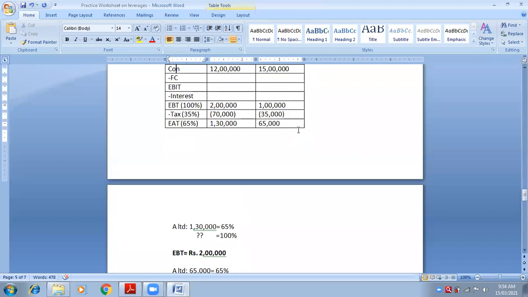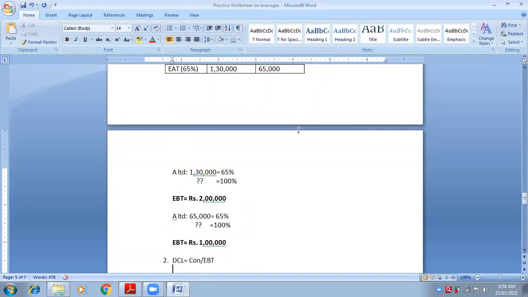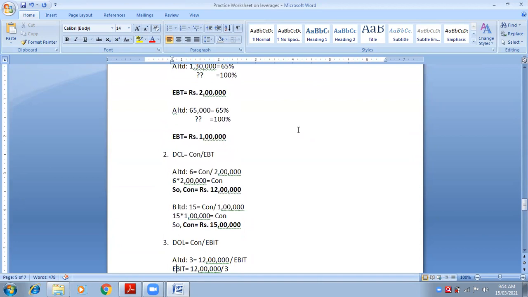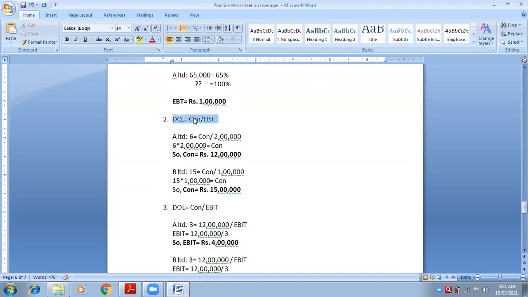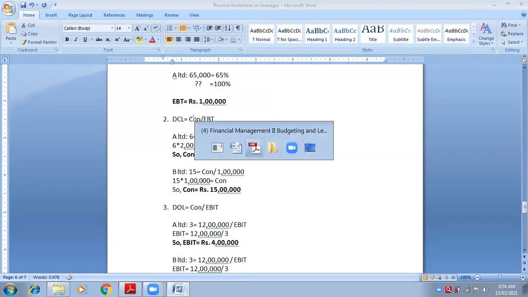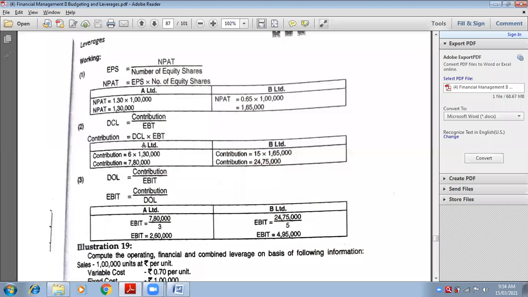The DCL formula is contribution upon EBT, but they have written EBT and taken the values of EAT by mistake, 130. So their answers are wrong. Contribution is wrong, and therefore EBIT is also wrong. Anyways, we are doing it right.